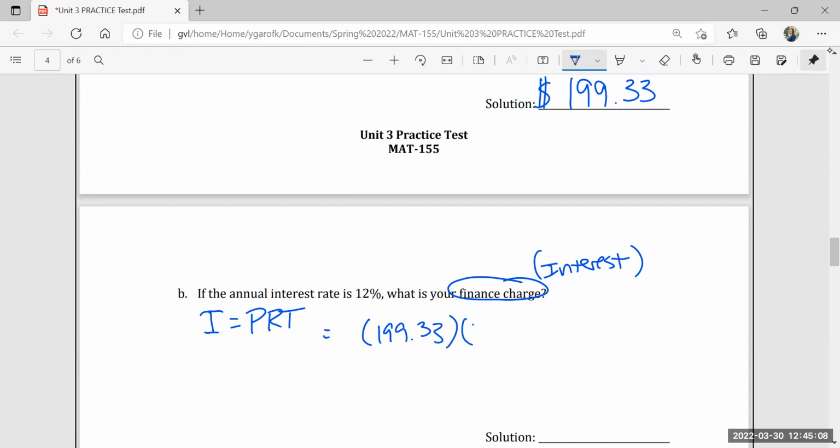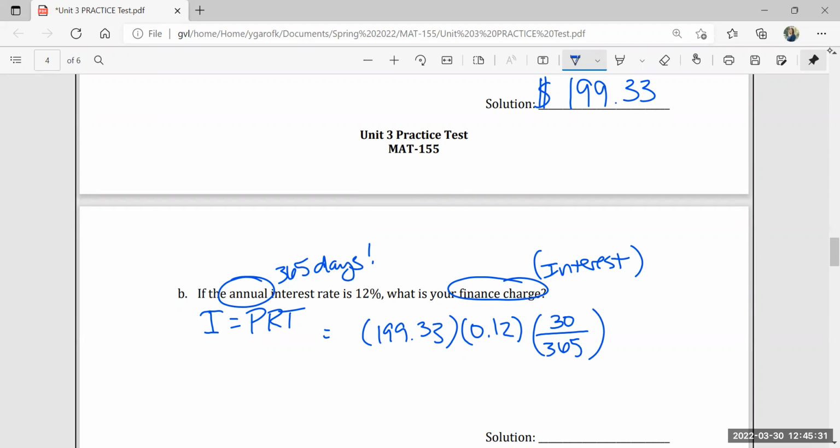Our rate is going to be 0.12. And our time, remember this is where it's tricky, remember that time is in years. So it's 30 days out of 365, because annual is 365 days.